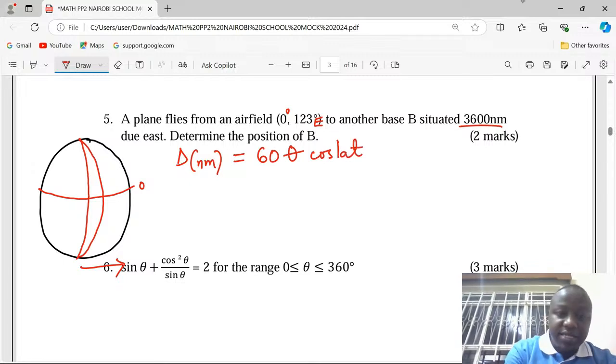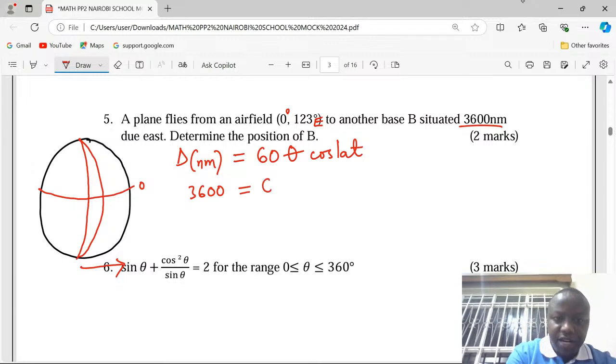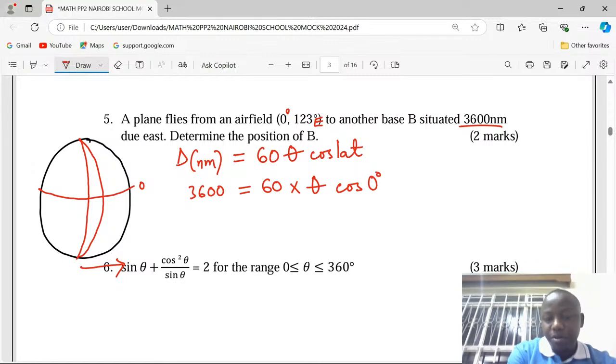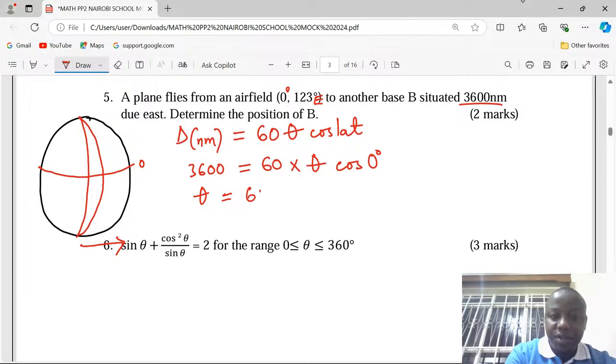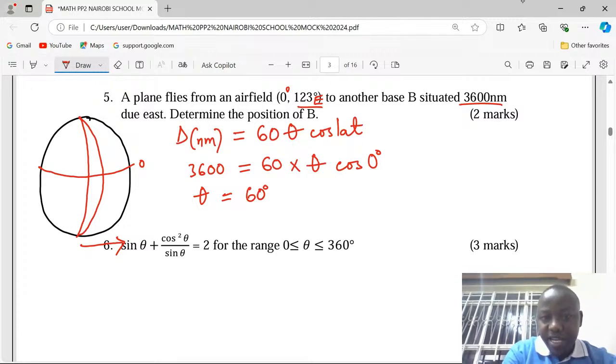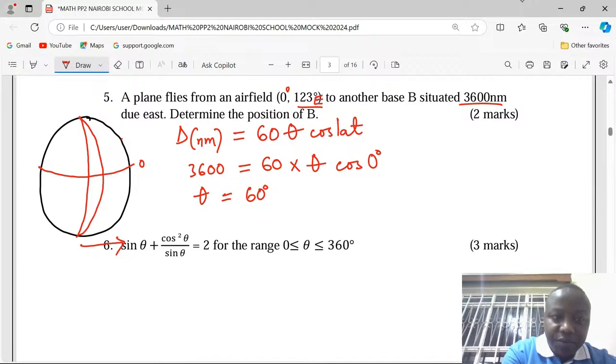So 3600 is equivalent to 60 multiplied by theta, cosine of latitude 0 because we are on the equator. So theta is exactly 60, which means from 123 in the east, we are adding 60 degrees.